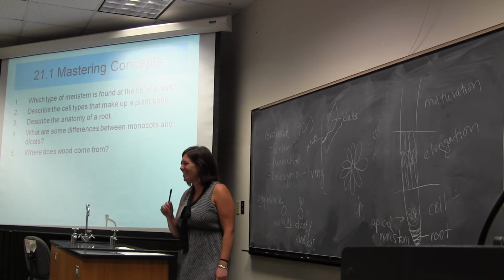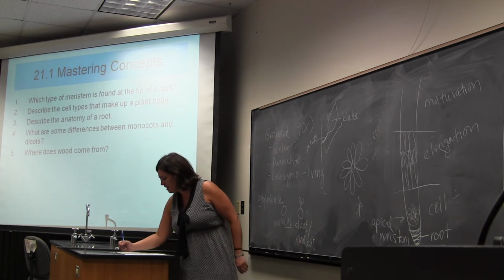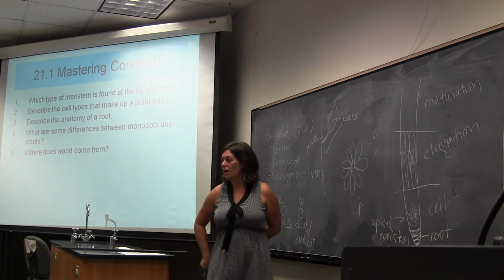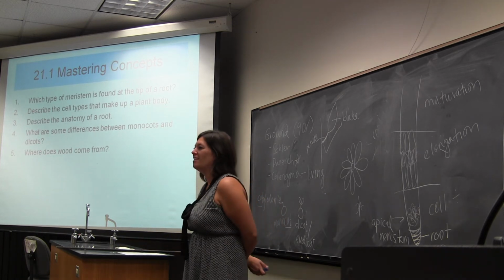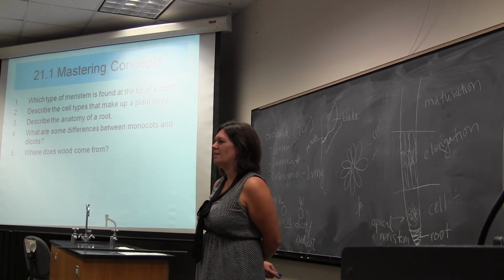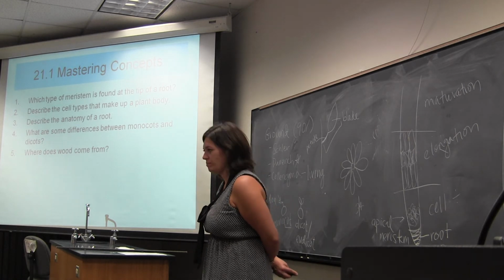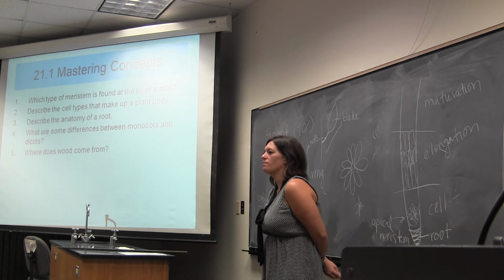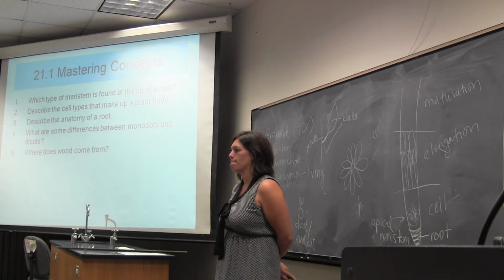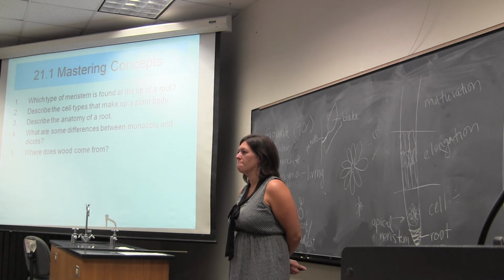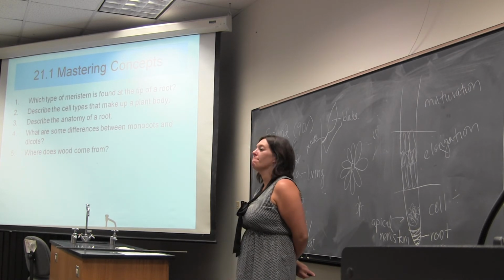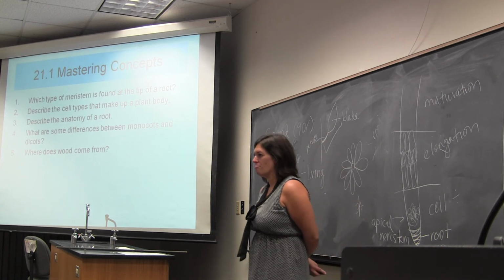Alright, so in the stem of the monocot, all the vascular bundles are spread out all through it, and then in the dicot, all the vascular bundles are in a circle on the edge. And then in the root, the monocot, they're all spread out, and then the dicot, the vascular structure.